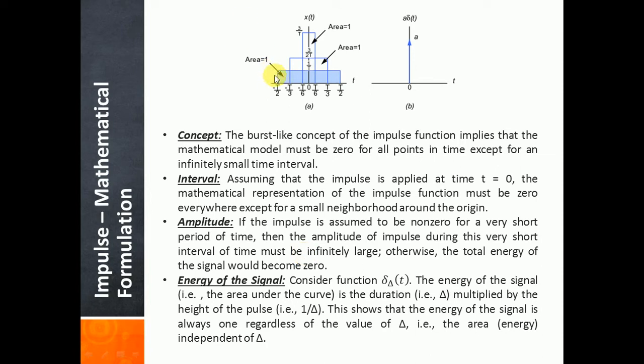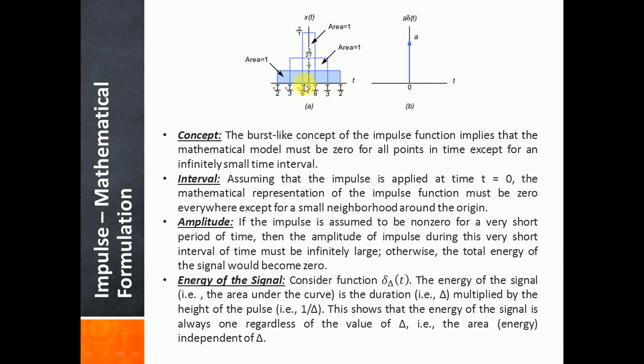In this diagram, if the impulse varies from minus t by 2 to t by 2, the amplitude is such that the area underneath the curve is 1.